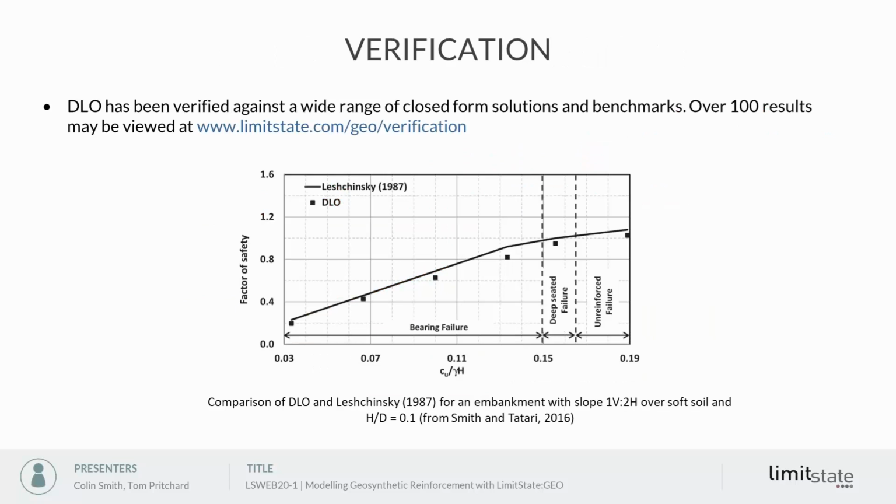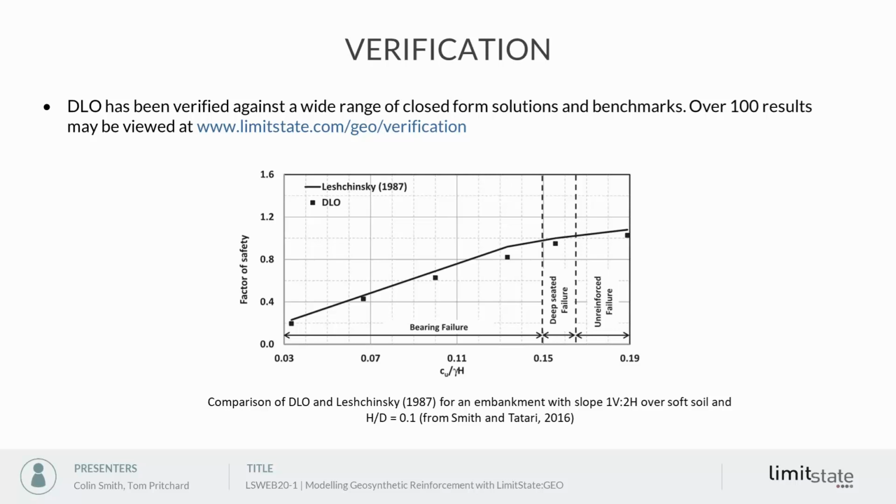Now, the software has been verified against a wide range of closed-form solutions and benchmarks, and every time the software is run, we run thousands of tests to make sure that the software is doing the expected thing. Over 100 of those results are available on our website.